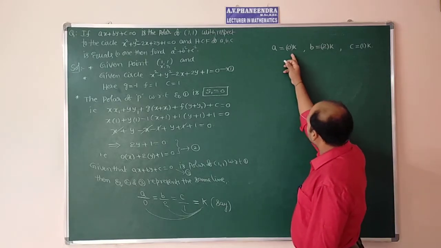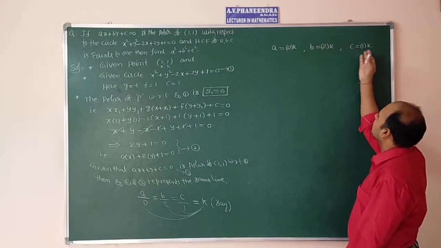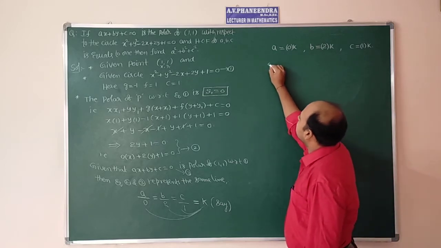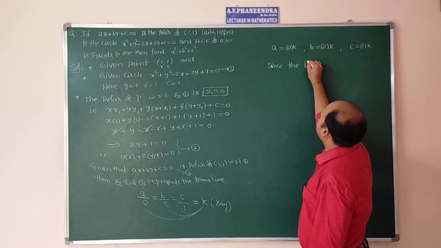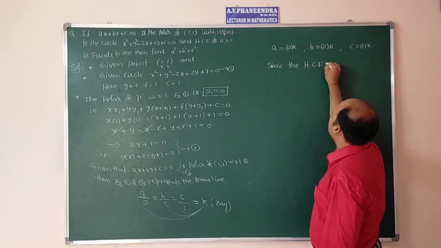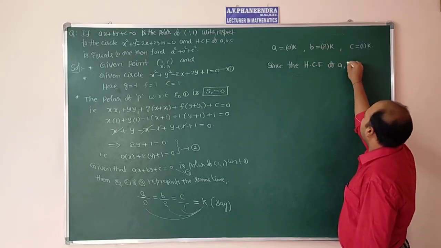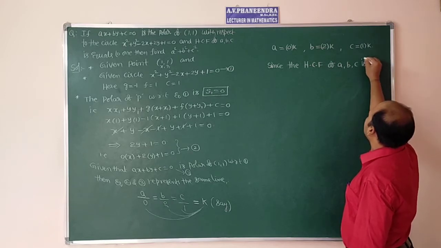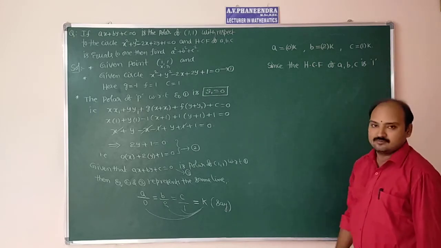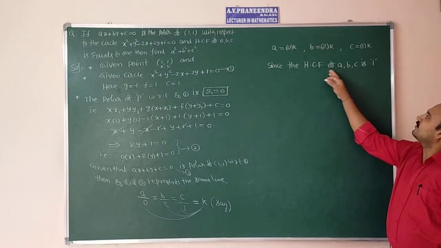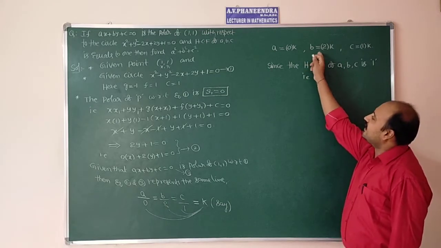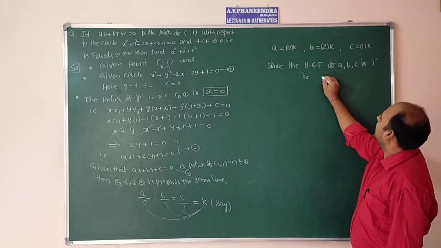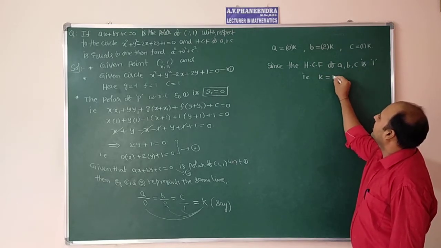So a equal to 0, b equal to 2k, c equal to k. Since the HCF of a, b, c is equal to 1, it is given, according to these values, that means k is equal to 1.